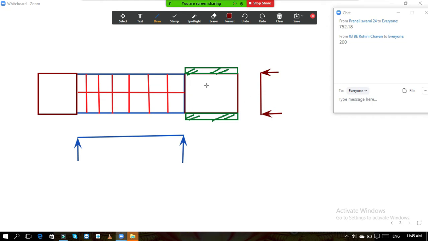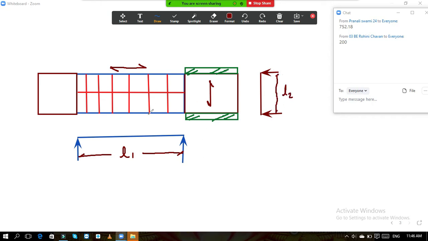Now here you can see the landing slab is not spanning in the direction of the stairs. Now the span of landing is like this. Okay, this is the spanning of landing, and the span of your going length is like this. This is the span of your going length. So this is your L1, that is the span of going length, and this is your L2. This is the span of landing.